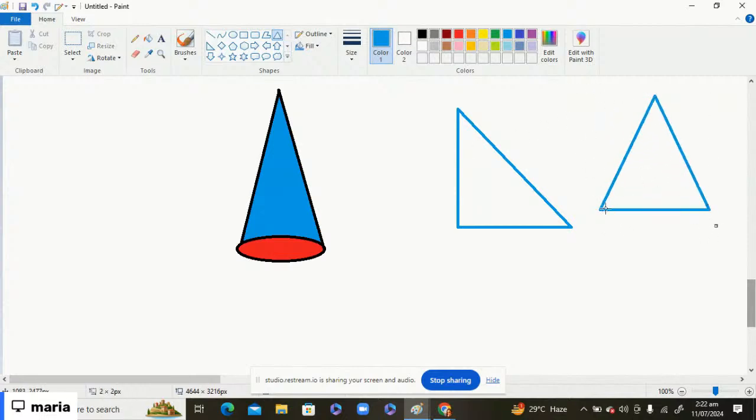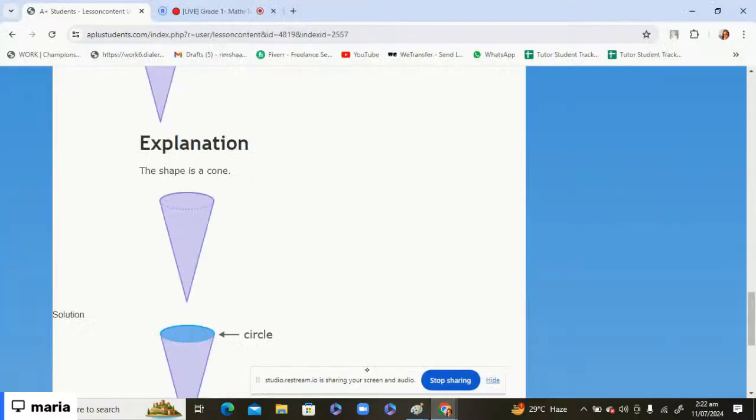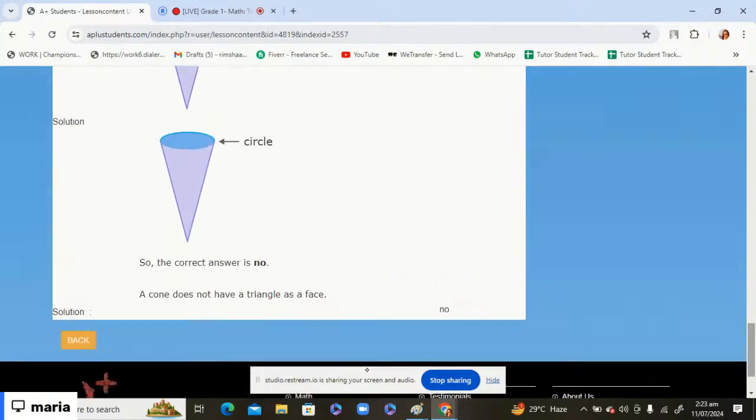These two are the same, but here it's a straight line, but here the line is a circle. So we can say that no, it's not the shape of the triangle. So when we see, there is no shape of triangle. Got it?